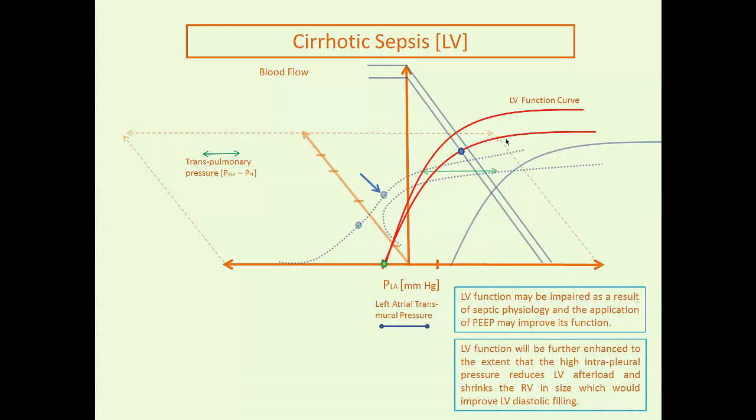And again, the RV may dilate during expiration because as intrathoracic pressure is diminished, it tends to favor preload augmentation to the right ventricle. To the extent that the RV is dilated, you may actually also worsen left ventricular cardiac output, left ventricular compliance, and shift it down and to the right by interdependence effects.